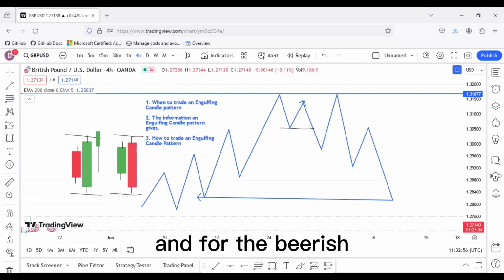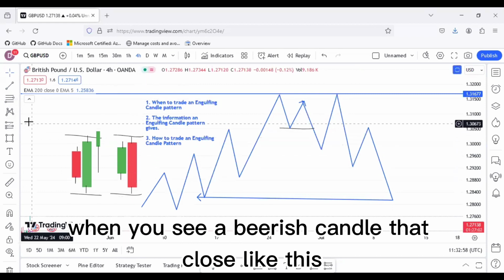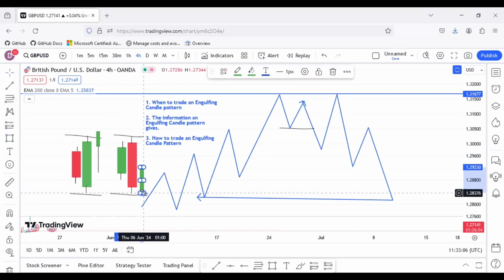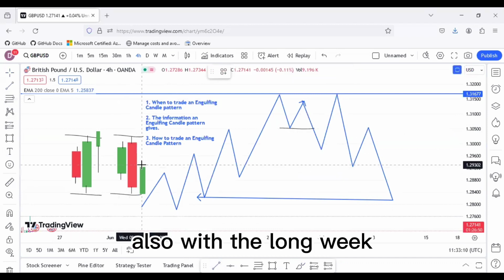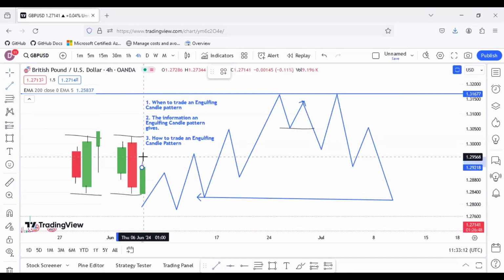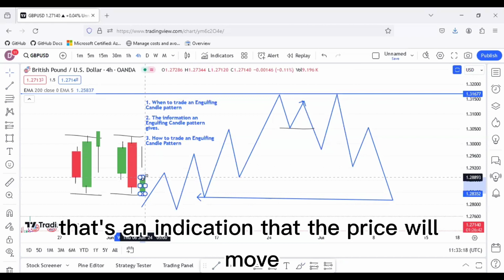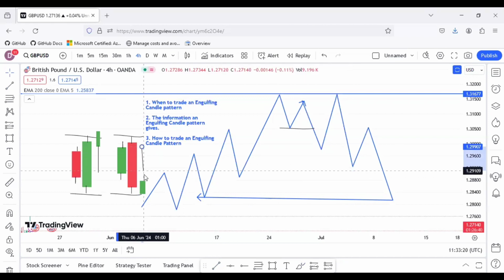And for the bearish, when you see a bearish candle that closed like this, also with a long wick, that's an indication that the price will move.